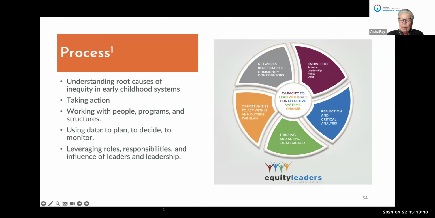And that's a key driver of the change that we need to see, and that the National Center has been designed to address and to support all of you in the work that you're going to do in the next number of years. We want to impress upon you the kind of process that we've talked about, and remind you about understanding root causes of inequity in the early childhood systems. They are key to this. Taking action, not just thinking, which is an action too, but being able to take action.